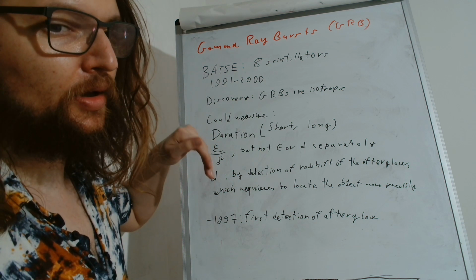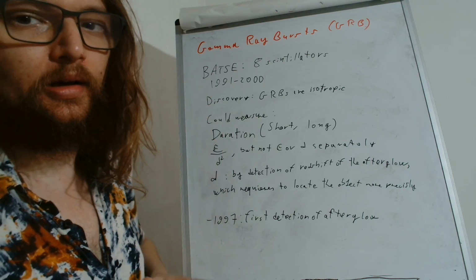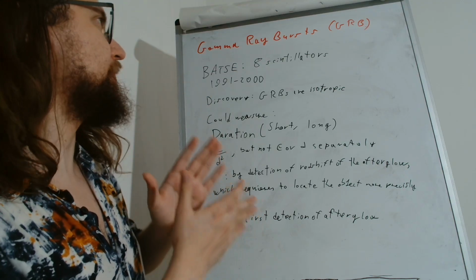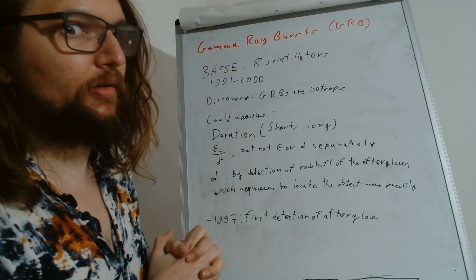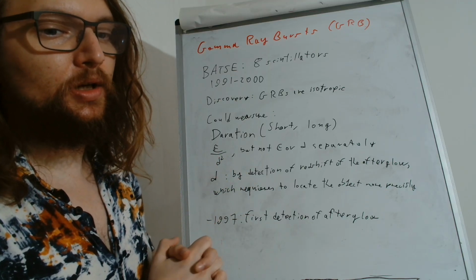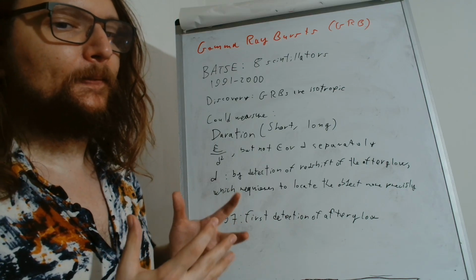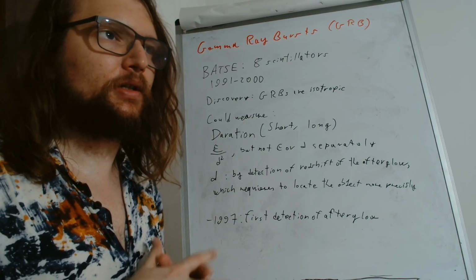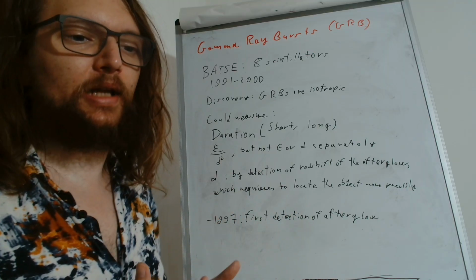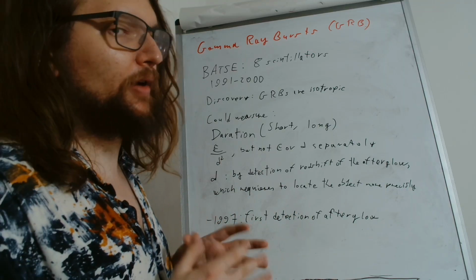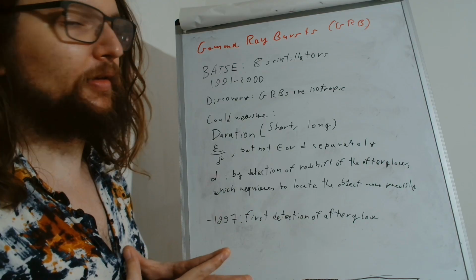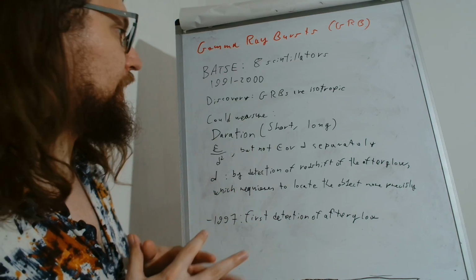This problem would be solved only after other gamma ray burst detectors which were more precise and which, considering all the data from different detectors, could better locate gamma ray bursts in the sky.